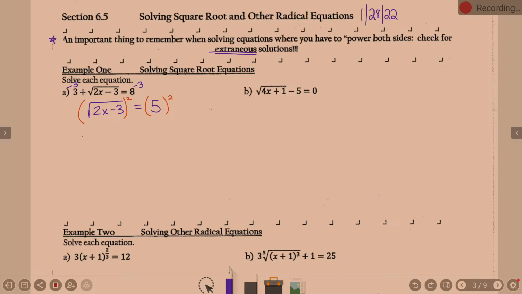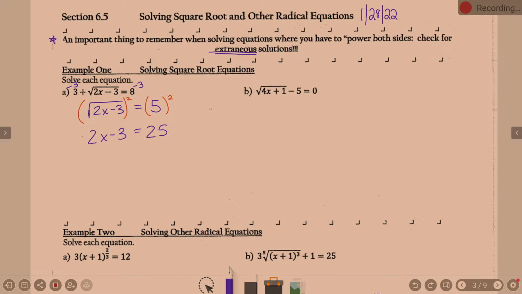In other words, when you square a square root, the square and the square root cancel each other out, and we're just left with 2x minus 3. So you have whatever's under the radical. On the right, what's 5 squared? 25. 5 times 5 is 25.